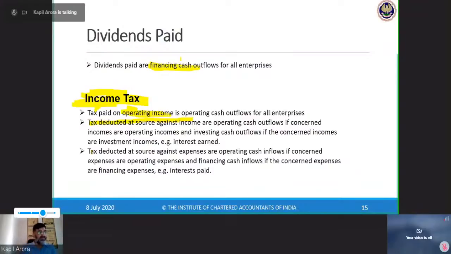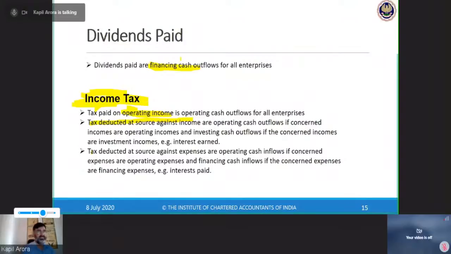So TDS, for example, let's say you have deposited money in the bank and the bank is giving you interest on that amount. The bank deducts the TDS because that is the responsibility they have. Since the amount coming to you is from the investment, you will record that as cash from investing activities.